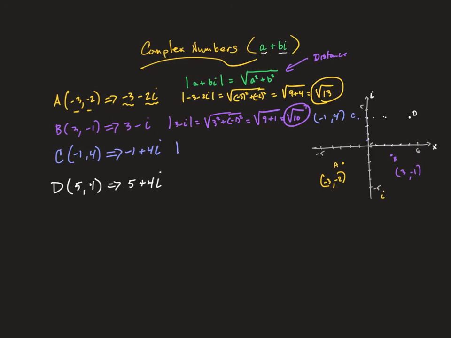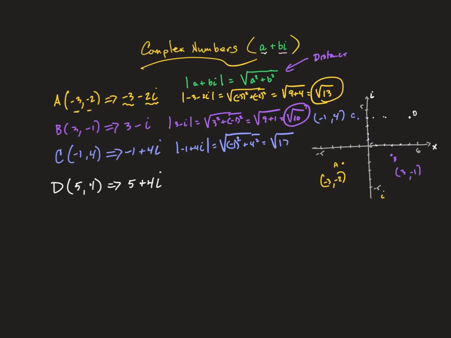We have the absolute value of negative 1 plus 4i is equal to the square root of negative 1 squared plus 4 squared. It's going to be the square root of 17, right? We'd have 1 plus 16 is 17.